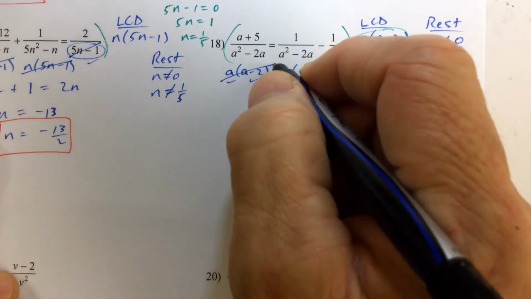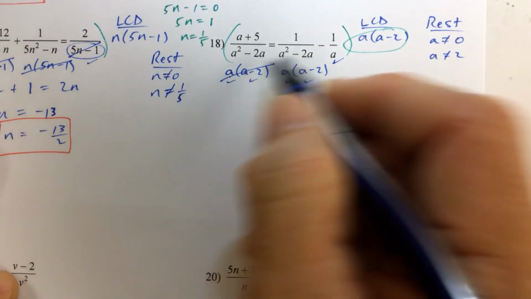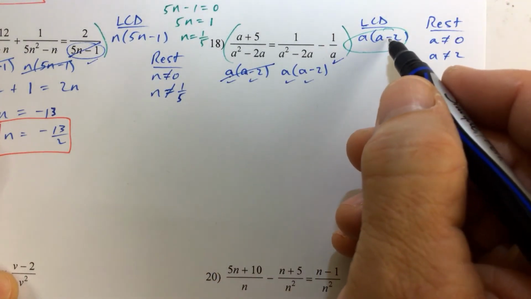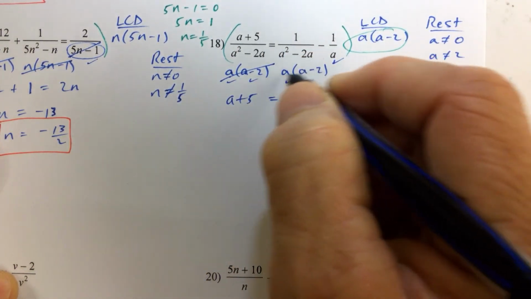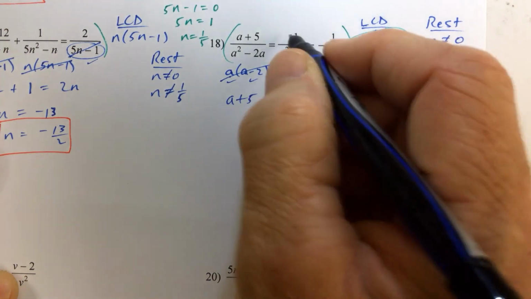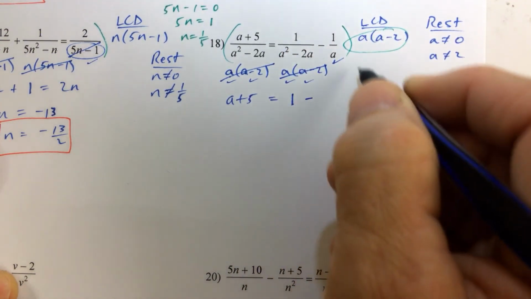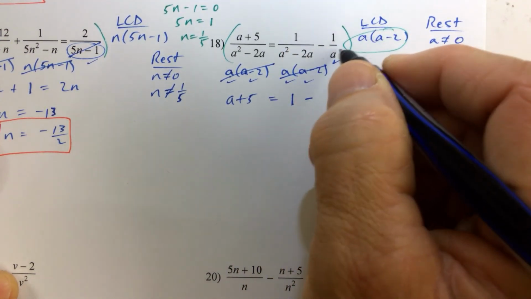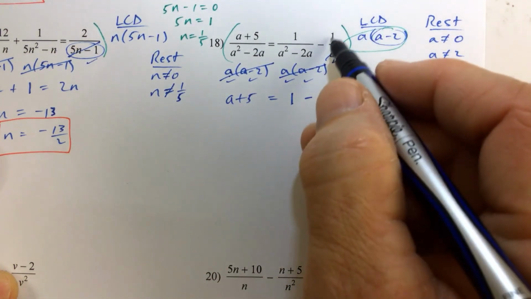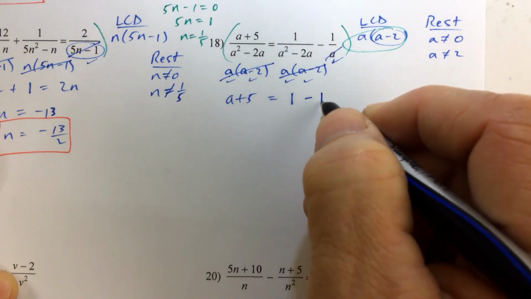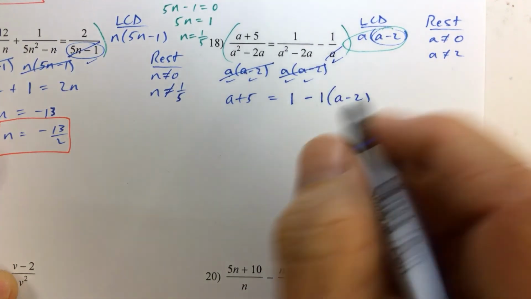We can see here that this denominator cancels with the LCD, so all we're left with is 1 times a plus 5 equals, this denominator cancels with that, so we're left with 1 times 1 minus a cancels with this a, but we're still left with a minus 2 times 1. So we're left with minus 1 times a minus 2.